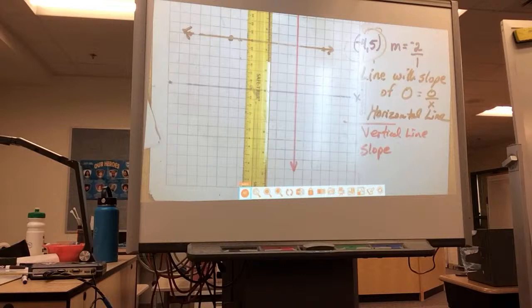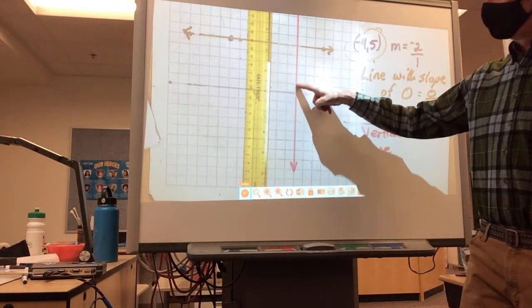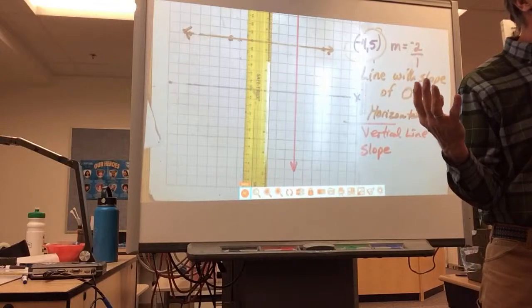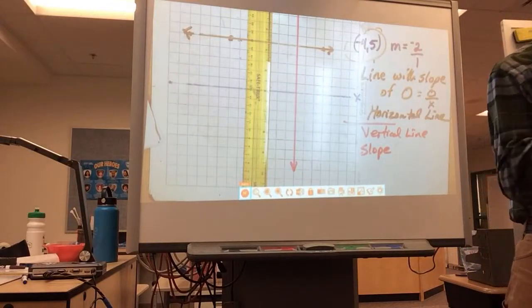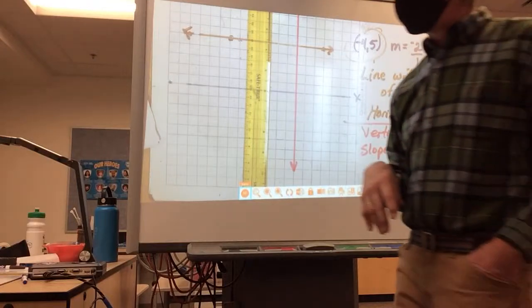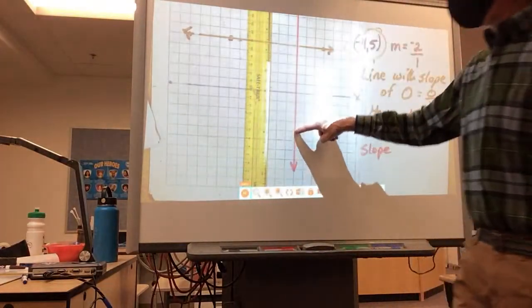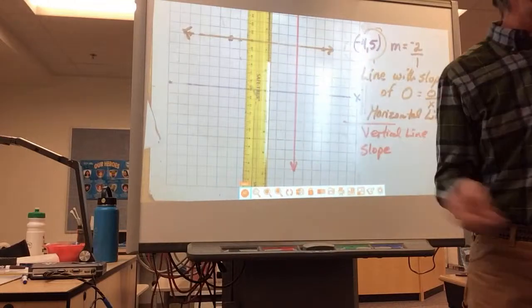So think about it, you go from point to point along the line. What's the rise? Remember, slope is rise over run. So what's the rise from one point to the next?